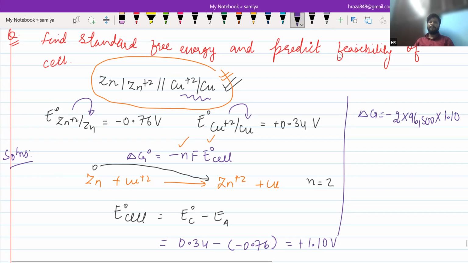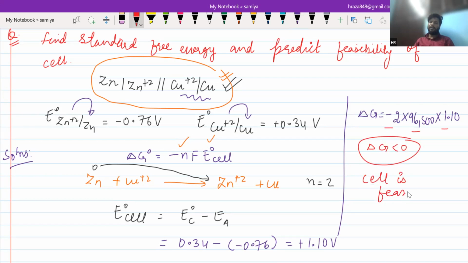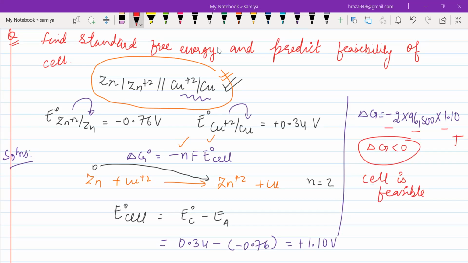Now you can see that this is negative, positive, positive, so delta G will be less than 0. That means the cell is feasible. And also how much free energy it gives? Just multiply it and write it in joule. It's so easy. Okay, sir.